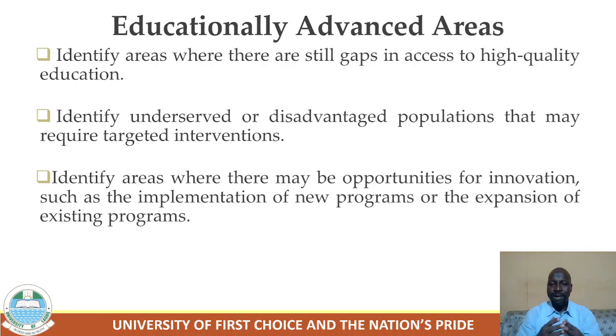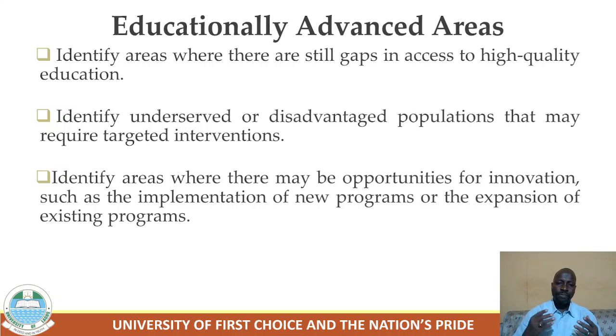So we need school mapping exercise to still bridge this gap that we noticed, because we are talking about using school mapping exercise to correct inequalities in access to educational opportunities. We can use school mapping exercise to identify underserved or disadvantaged populations that may require targeted interventions.